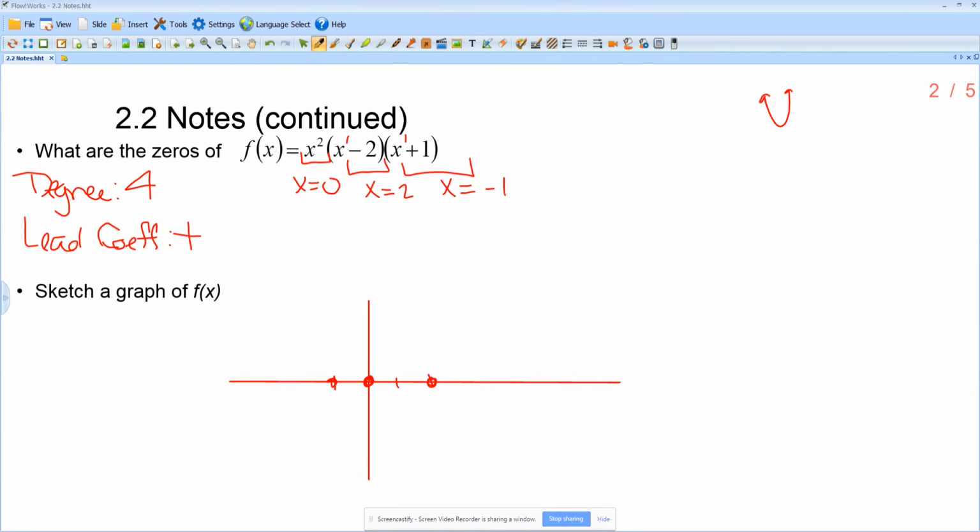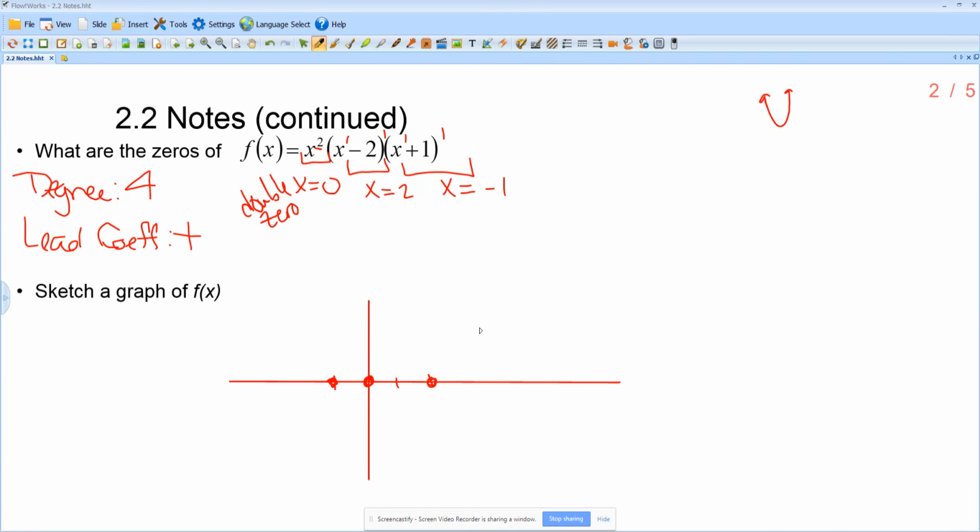However, this 0, there's something unique about that 0, and that is the exponent. Here, this factor has a degree of 1, this factor has a degree of 1. This factor has a degree of 2, which means that this is really a double 0 at x equaling 0.